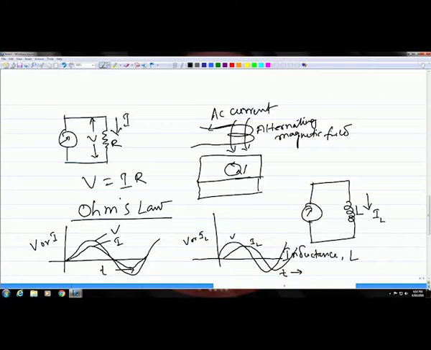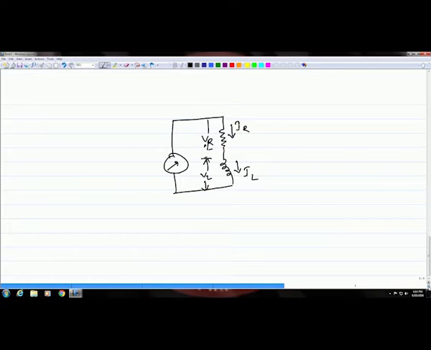Now, coming back to this, if you consider a scenario where both resistance and inductive components are there together in the same conductor, then the total current would look something like this.